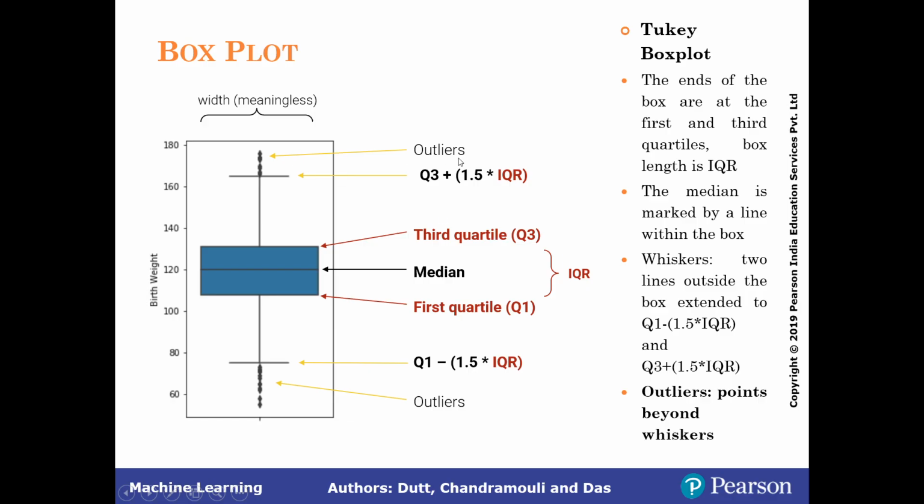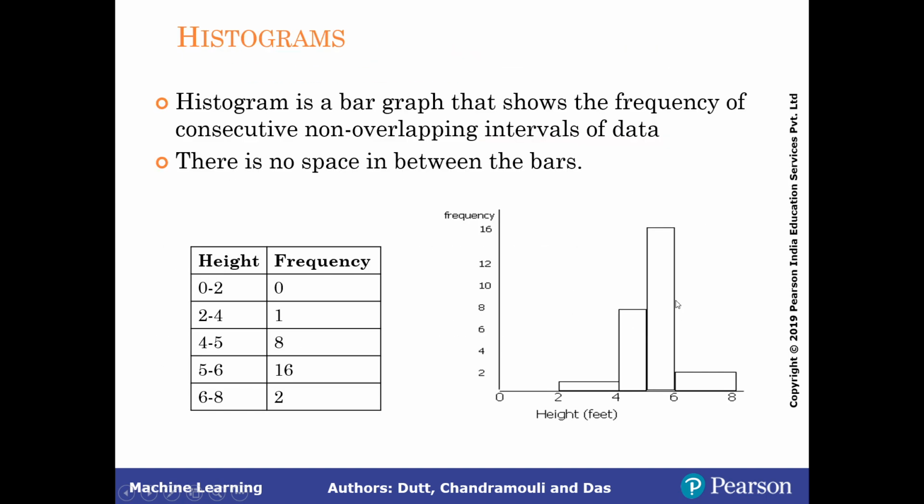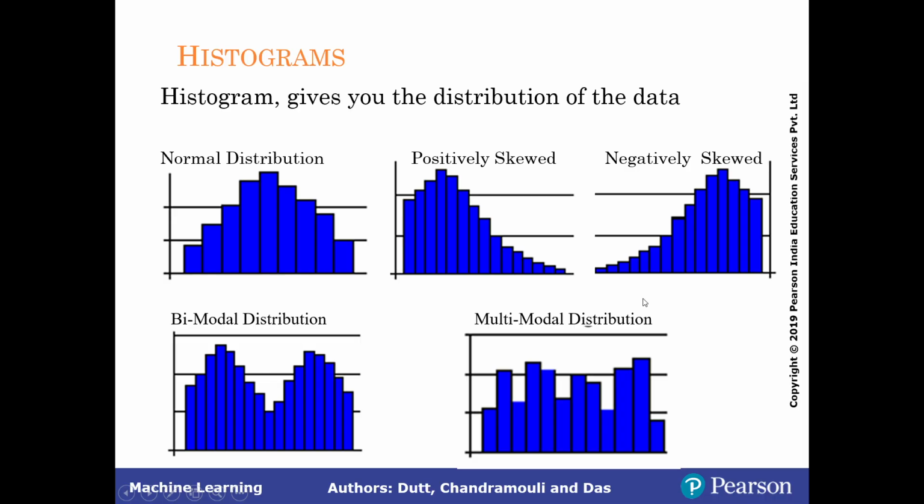And based on that, as the maximum is greater than the third quartile, you are doing Q3 plus 1.5 times the IQR. And since the minimum is less than Q1, you are doing Q1 minus 1.5 times that interquartile range, nothing but Q3 minus Q1. That's the concept here.